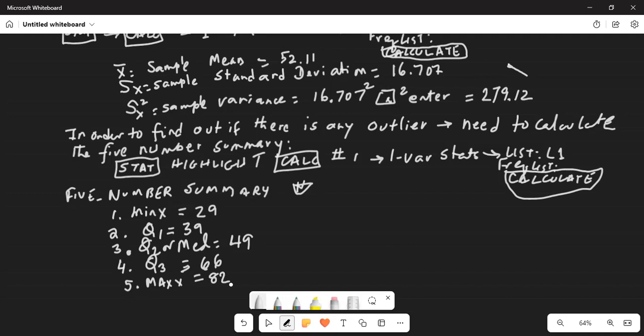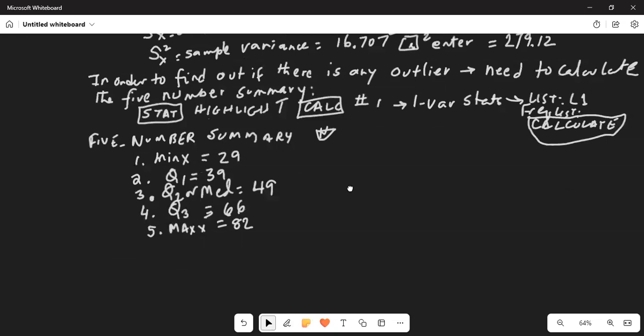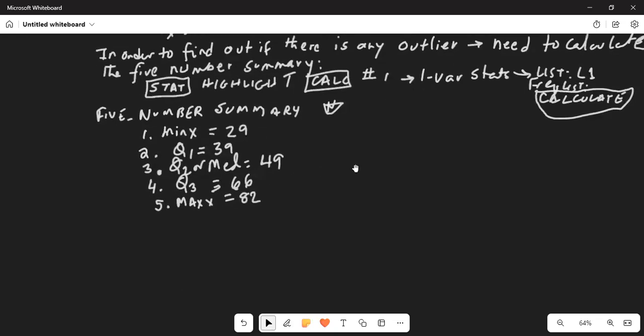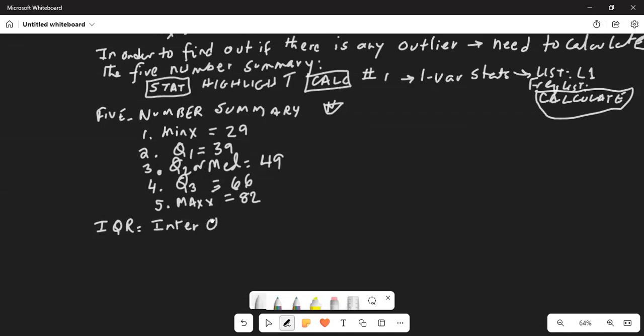So you ask me, how do I find the outliers from this? Well, there's a formula to do that. First we will calculate the IQR, the interquartile range. The interquartile range basically means the range of the middle 50% of the numbers.